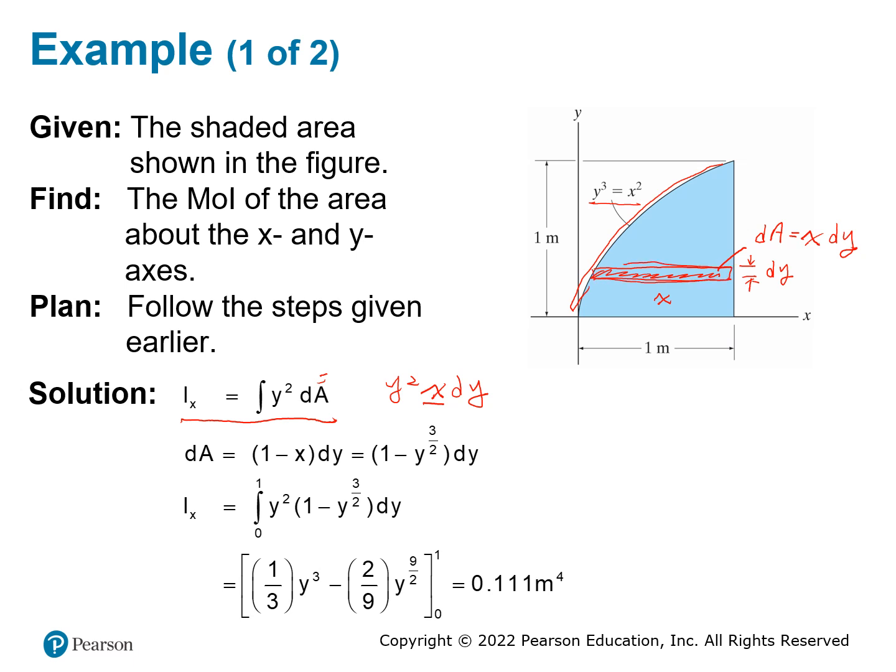Because this is an area, if you wanted to find this length, it is actually equal to this 1 meter minus how much of the y that is. So you have to find out the value here, and that value is determined by this equation. If you represent x, that will be equal to the square root of y cubed, or you can write this as y to the 3/2.